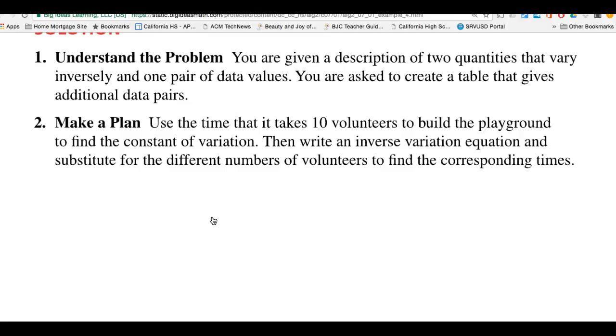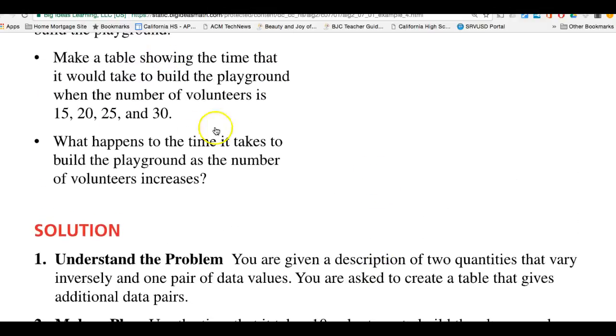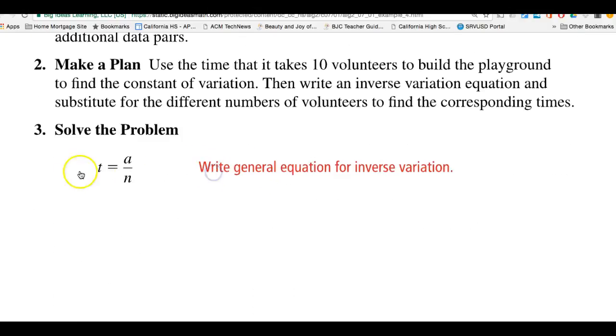The fact that we know it takes 10 volunteers 8 hours, we're going to use that to find the constant of variation. Then we're going to write our inverse variation equation and substitute the different values to get our table. So again, remember, we're trying to make a table showing the time it would take for 15, 20, 25, and 30 volunteers.